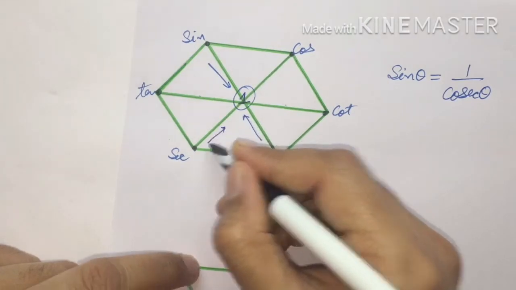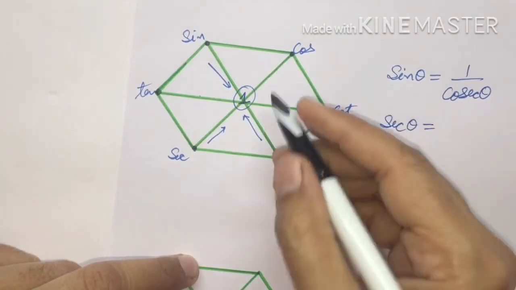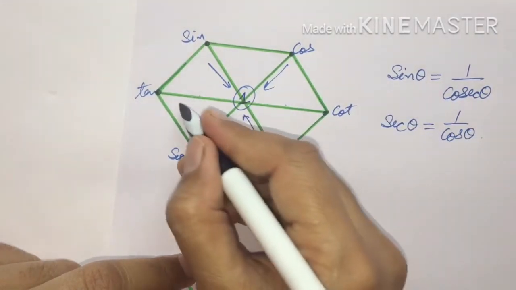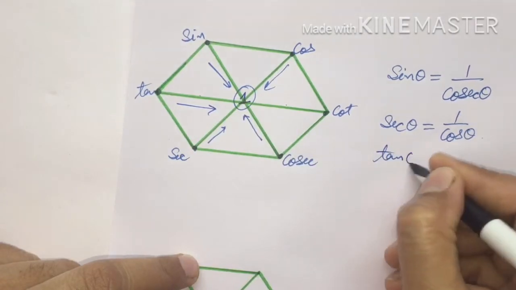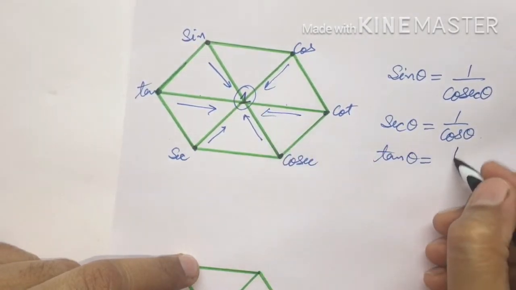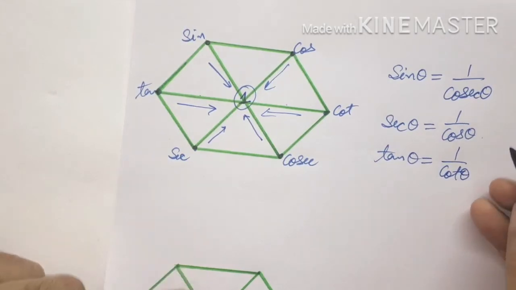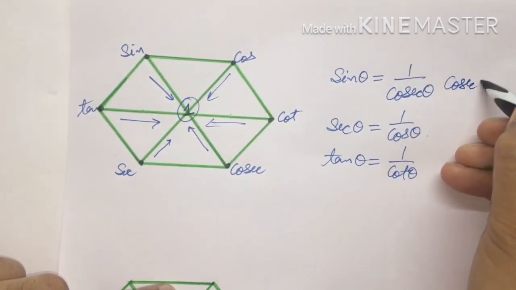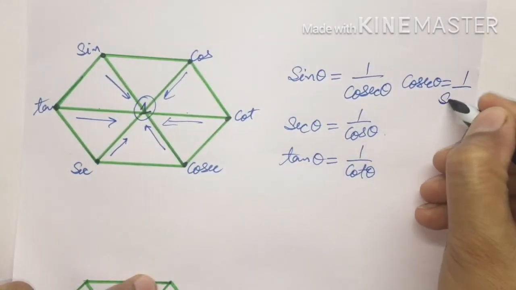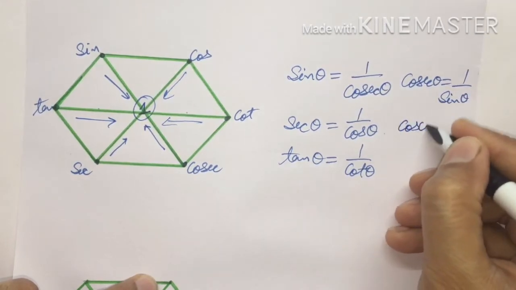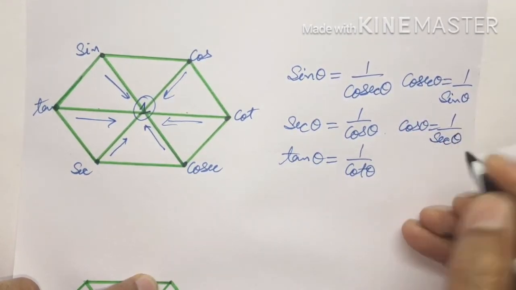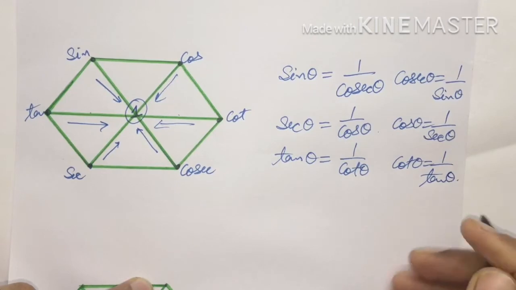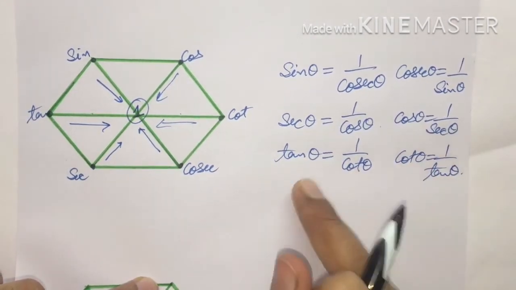And like this, secant theta is equal to 1 upon cos theta, and tan theta is equal to 1 upon cot theta. You can write it in the opposite way also: cosecant theta is equal to 1 upon sine theta, cos theta is equal to 1 upon secant theta, cot theta is equal to 1 upon tan theta. So you can write it this way also and that way also.